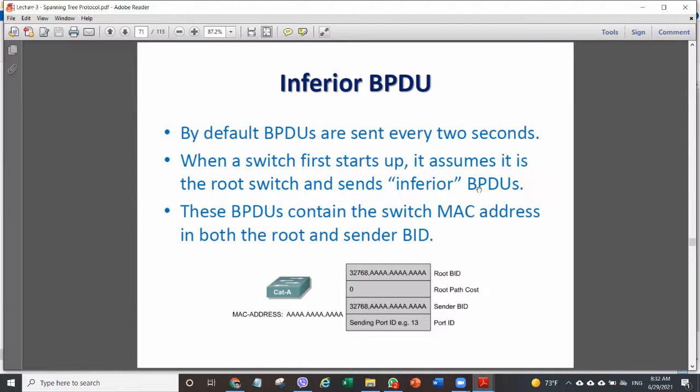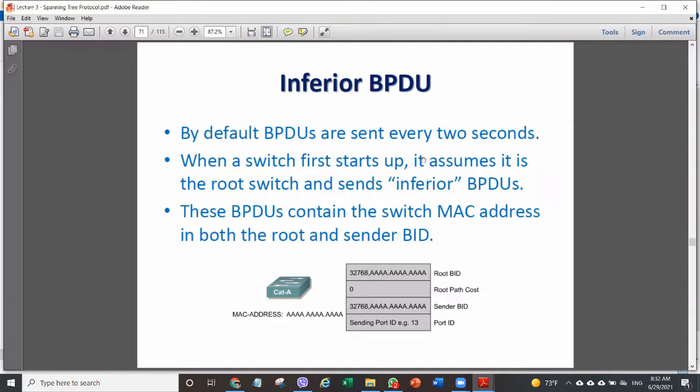If a switch gets into the network, at the very beginning it has no idea about the other switches in the network. Then the newcomer switch assumes that it is the root and shares the inferior BPDU.